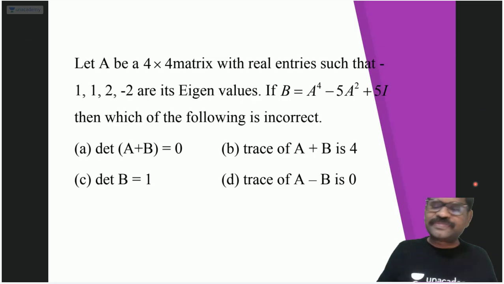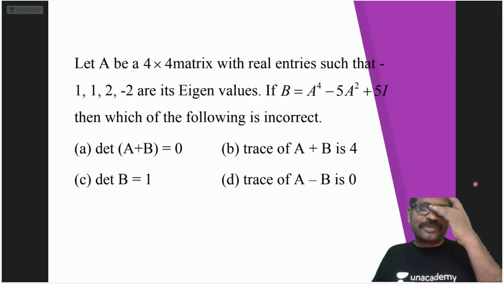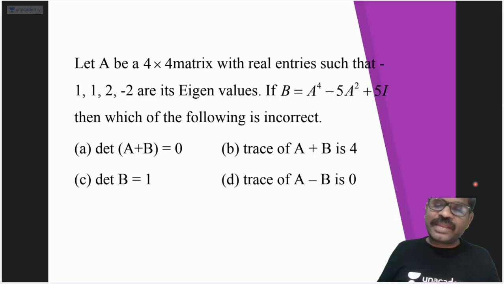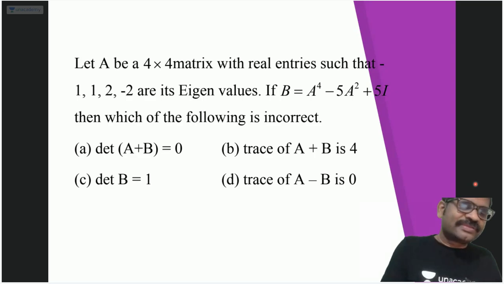Next, observe this problem. Let A be a 4 cross 4 matrix with real entries, such that minus is printed here, minus is printed here, 1 is printed here. So it is nothing but minus 1. Please remember.